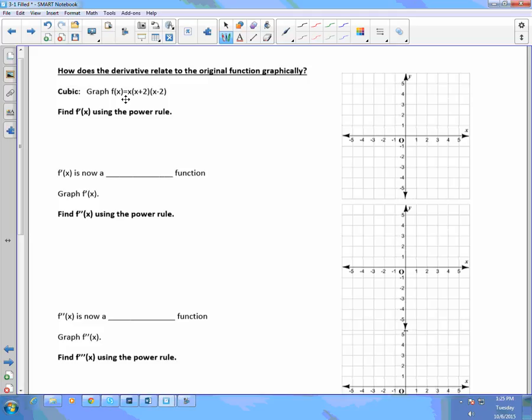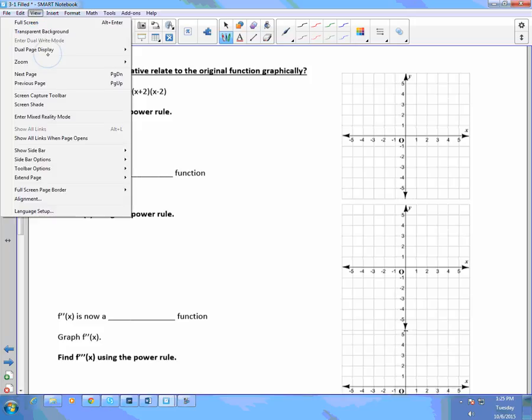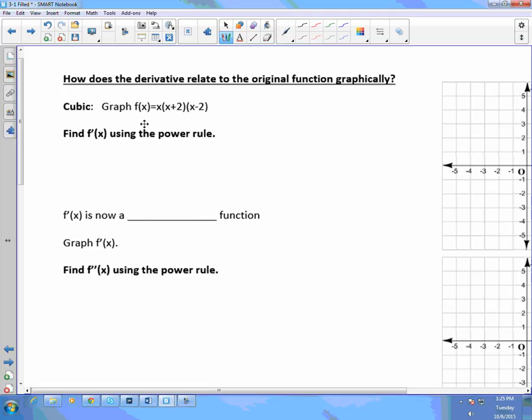How can we graph it? What do these factors tell us on the graph? What does x, x plus 2, and x minus 2 tell us on this cubic function? In a denominator, we have potentially asymptotes or holes, but these are not in the denominator.